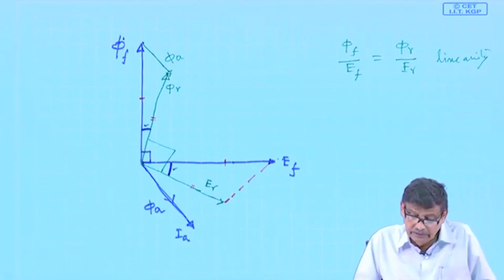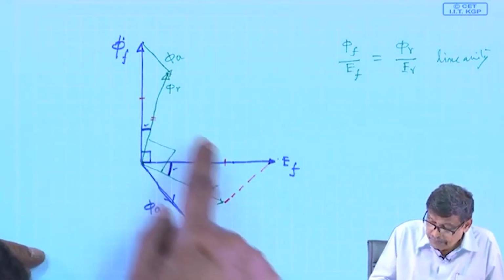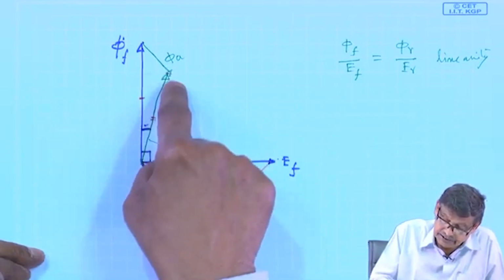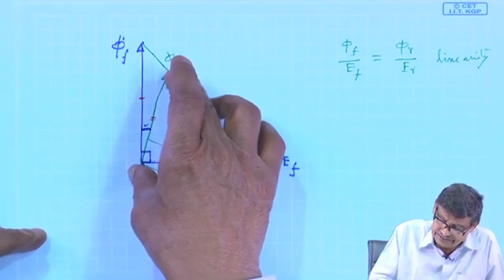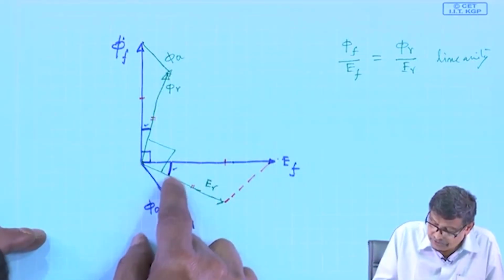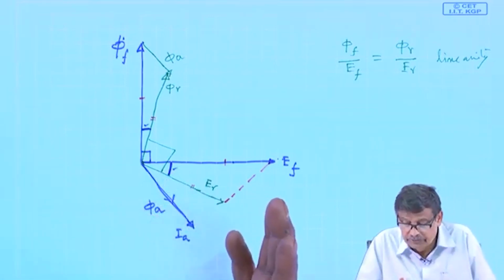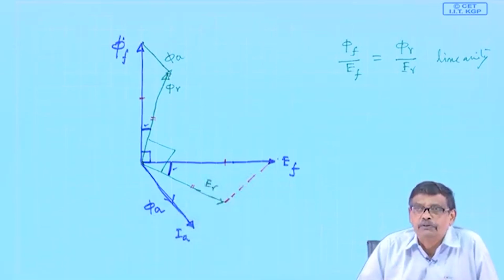Why? Because the angle between these two sides is 90 degree. This line is shifted from this by say angle delta. It is this one. This fellow should also shift. That is, the angle between two straight lines is equal to the angle between their perpendiculars.